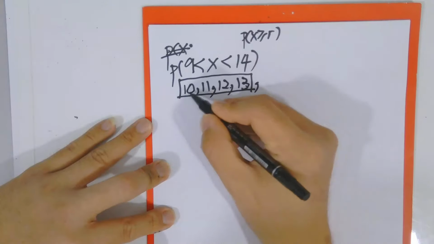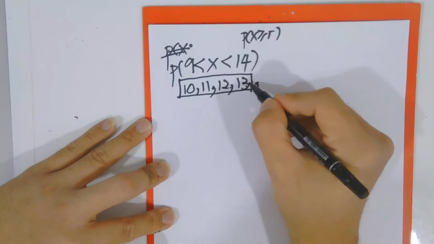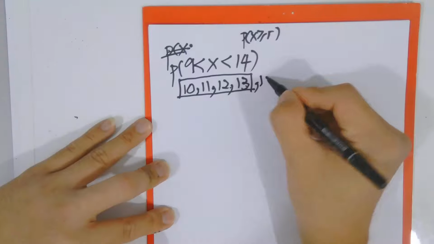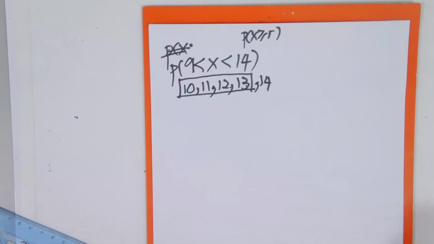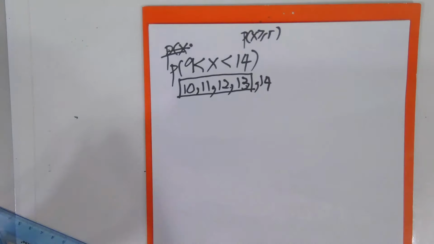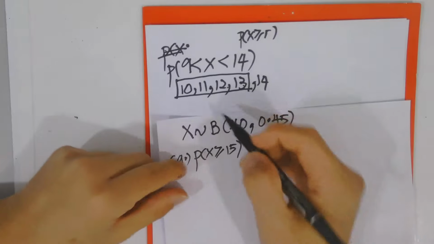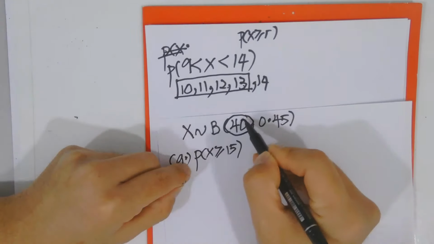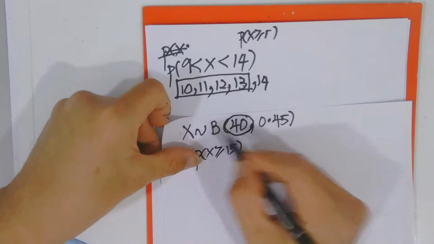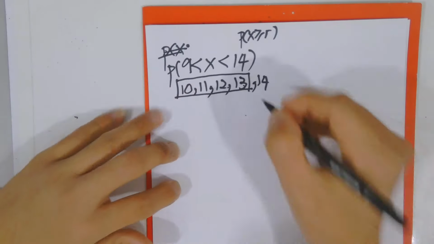But I know that starting from 10, 11, 12, 13, there is still the value 14, because the number of samples here is 40. So you know that it will be 40, 0.45. The number of samples is 40, so the maximum the X value can take is up to 40.